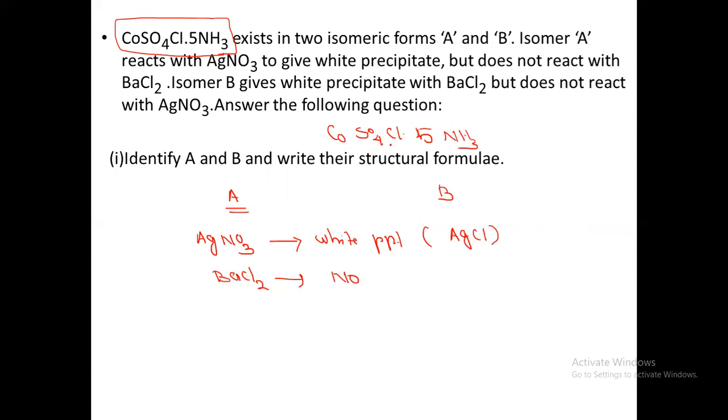Barium chloride is soluble in water. Anyway, ammonia is not going to interact with the barium. So the only possibility is sulfate, right? So barium sulfate is a precipitate. Okay, so with the isomer A, you are getting AgCl as a precipitate, and we are not getting barium sulfate as a precipitate. Which means in isomer A, Cl minus is a counter ion.